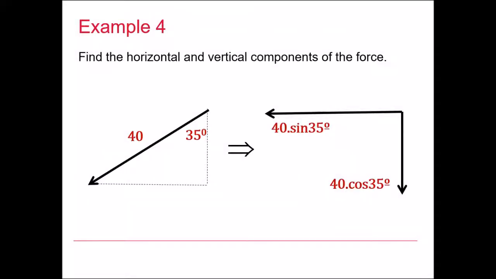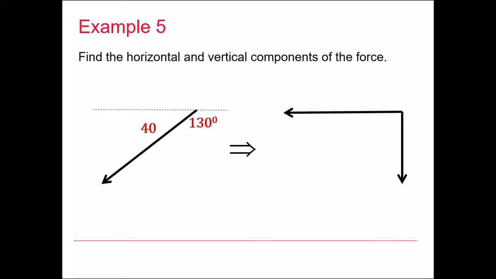Either way the magnitudes will come from trigonometry as before. If you've got an angle not quite where you would like it, you need to use basic ideas to work out the angle that you do need, in this case 50 degrees, and then that will lead to components as before.